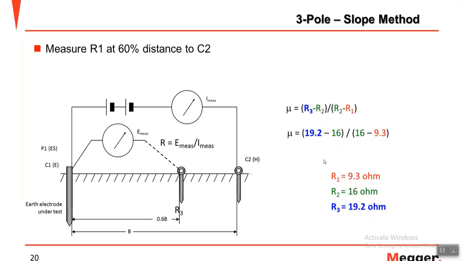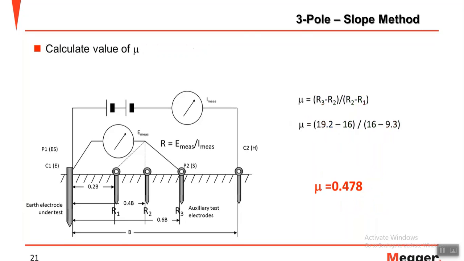So you use this formula to find the coefficient value from those measurements, and then you will get the 0.478 from this calculation. We got this value 0.478, and then this value you can use to find the table.